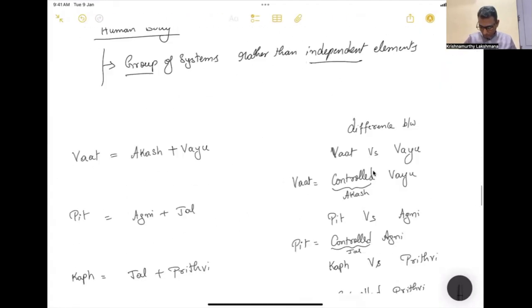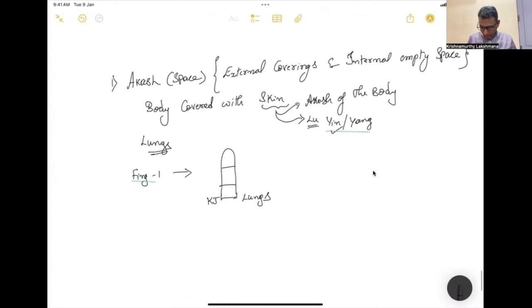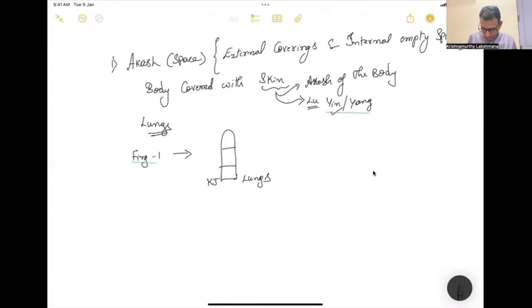So this Kapha joint is yin, and lungs is also yin. That is why I have allocated finger number 1 Kapha joint to lungs. Clear? Everybody is okay? Who is not clear, and what is not clear?